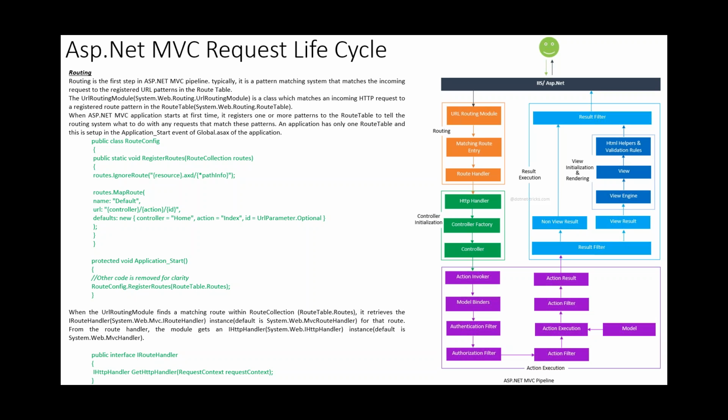That handler will send the request to the controller factory of your application. The controller and the action are already divided, so this controller factory will initiate the respective controller class.